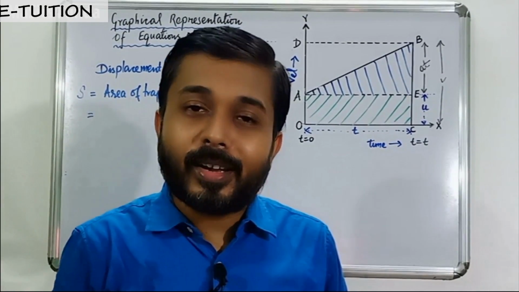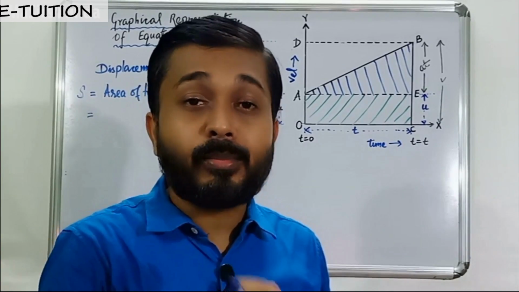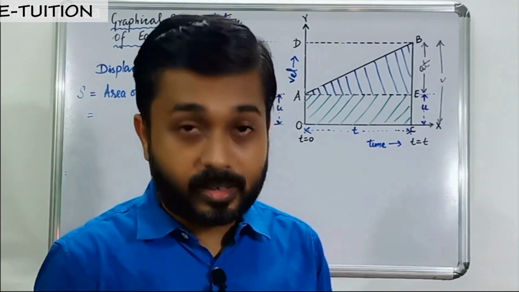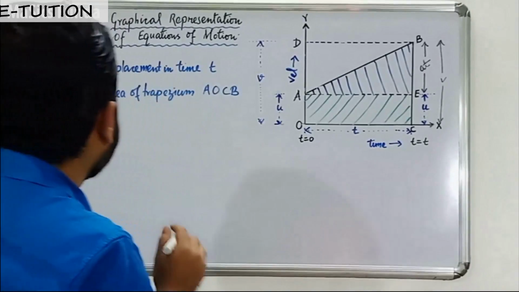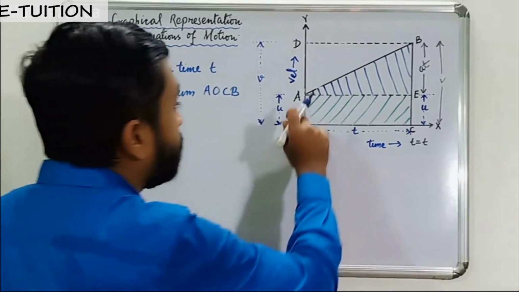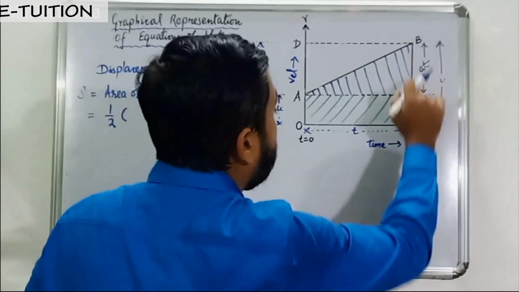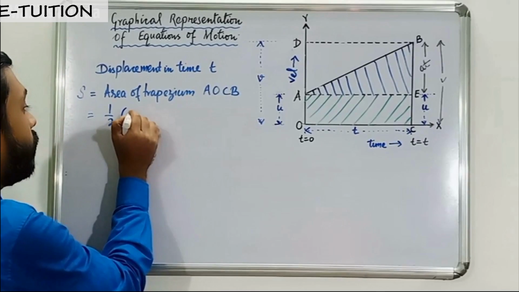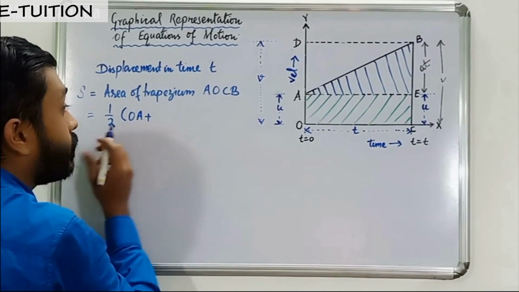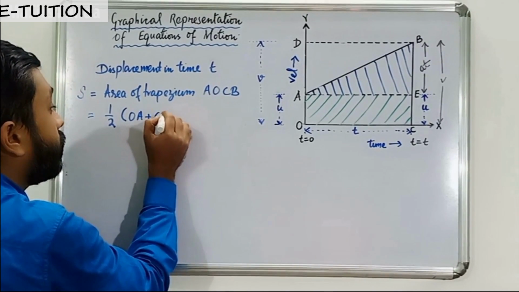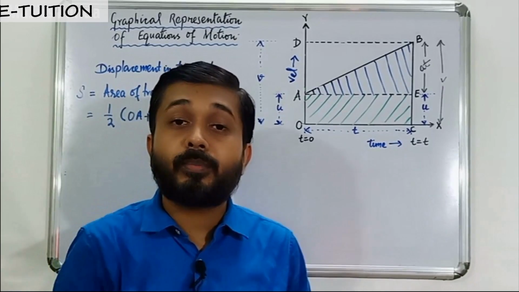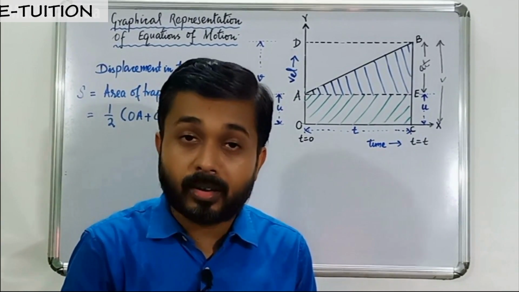The formula for the area of a trapezium was half multiplied by sum of parallel sides multiplied by height. So half into sum of parallel sides AO and BC. I am writing OA plus CB into height. Height basically means the perpendicular distance between the parallel sides.